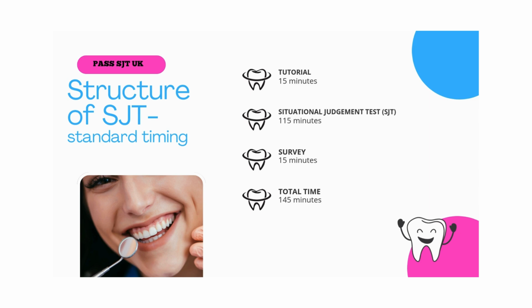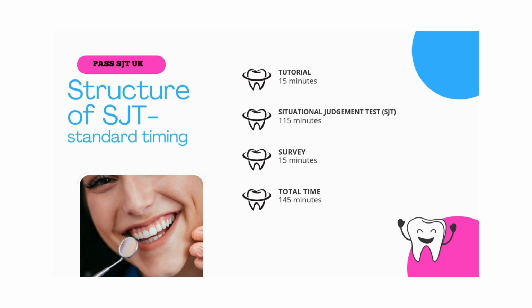That approximately takes 15 minutes, and then comes the actual real test for the situational judgment test, in which you are given the scenarios and you have to do that test, which will count for your final assessment score. Okay, so that is 115 minutes.